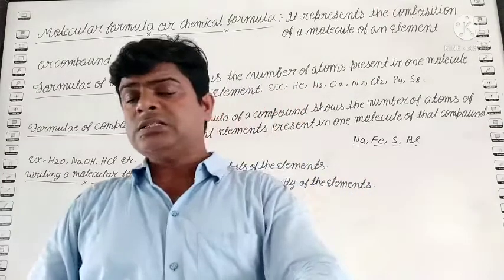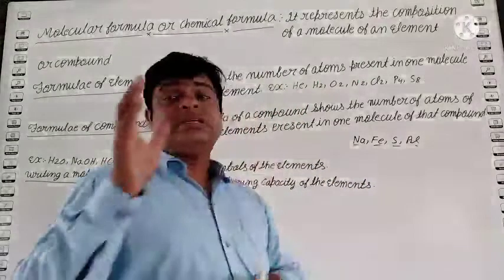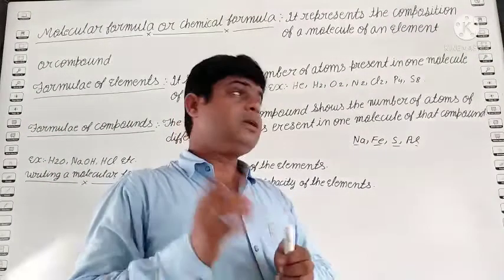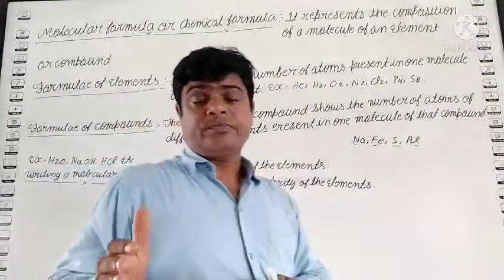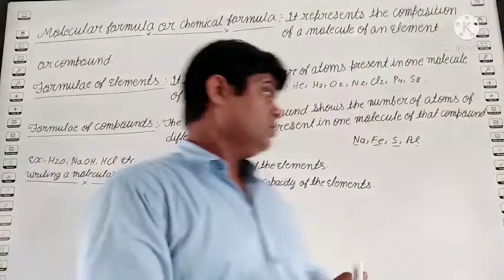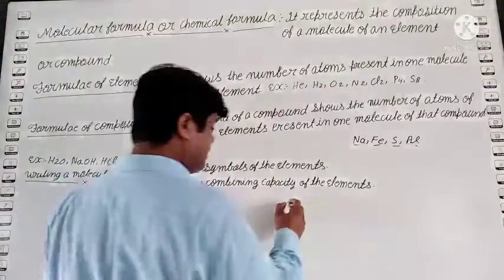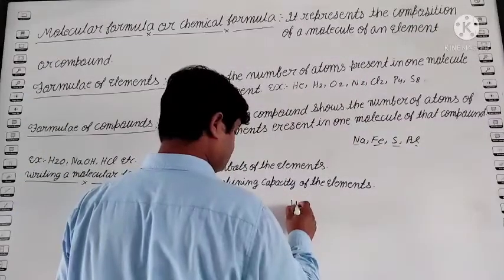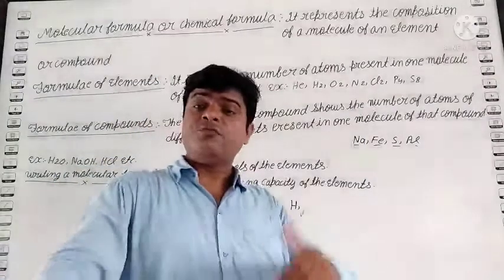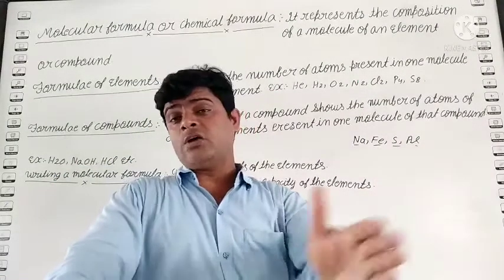According to Berzelius, we start the formula with the first letter. Suppose hydrogen starts with H, so we write the symbol H. But the second one, helium, also starts with H. So how do we write it?